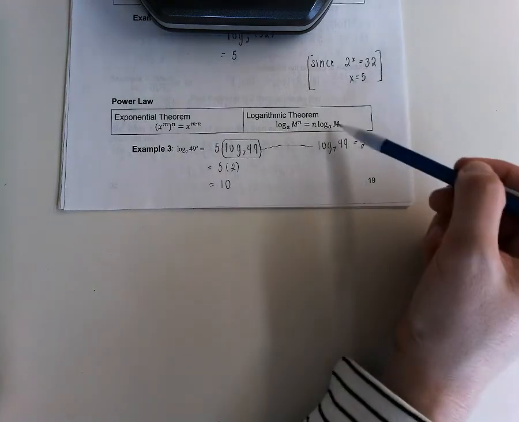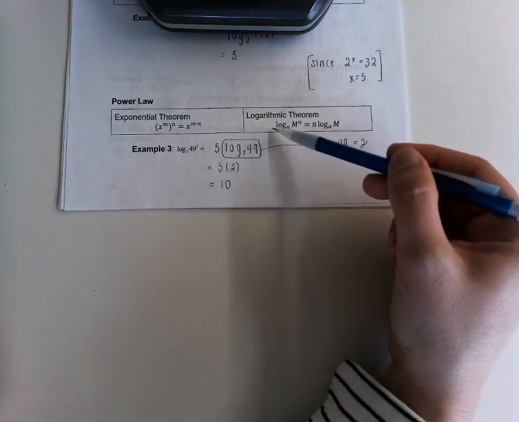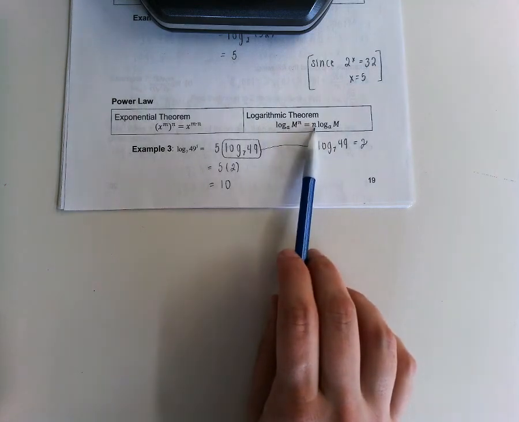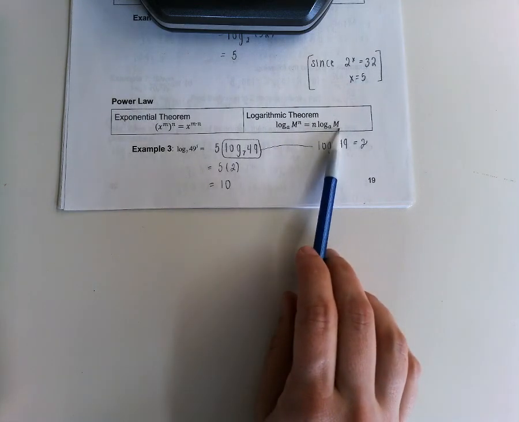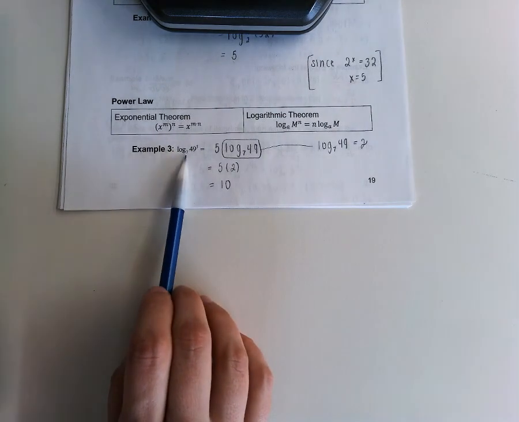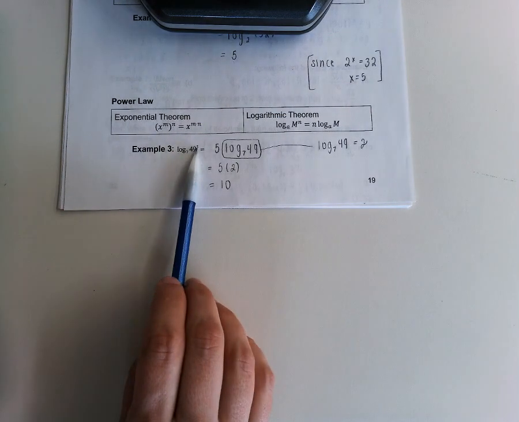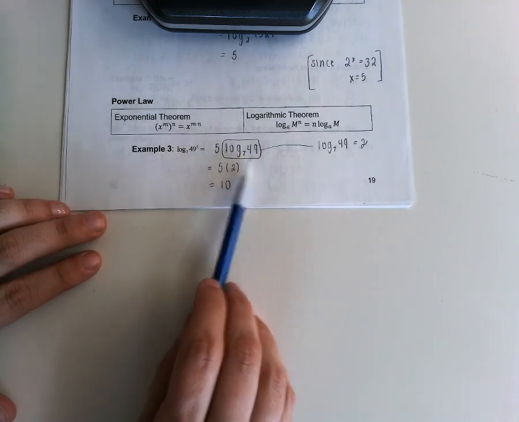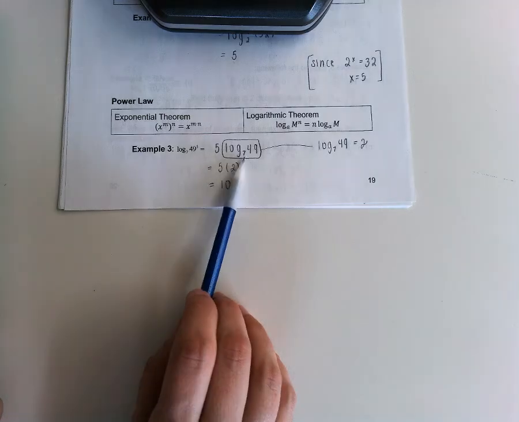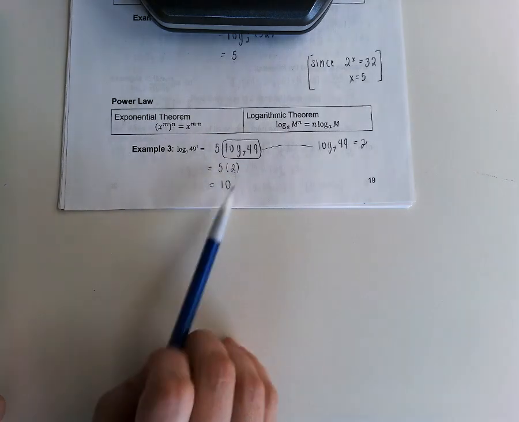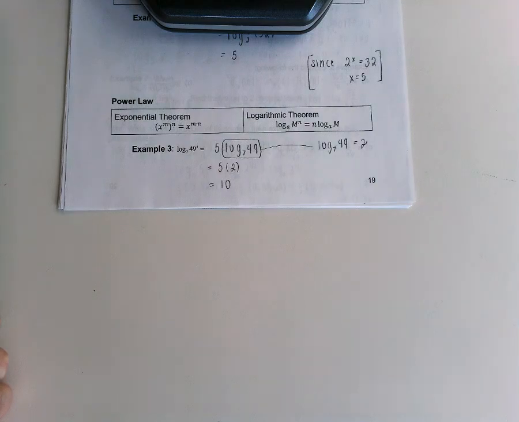You'll hear me refer to this as bringing the power down in front. So the n comes in front, and we multiply n times log base a of m. Here, for example, log base 7 of 49 to the power of 5, we can rewrite as 5 times log base 7 of 49. Now log base 7 of 49 is equal to 2, so this is just 5 times 2, which is equal to 10.